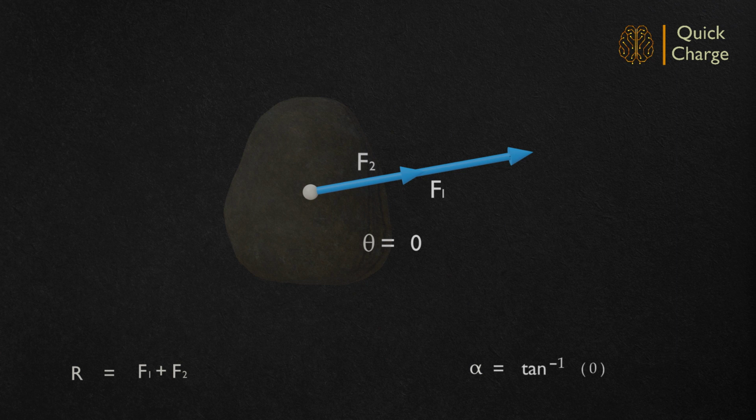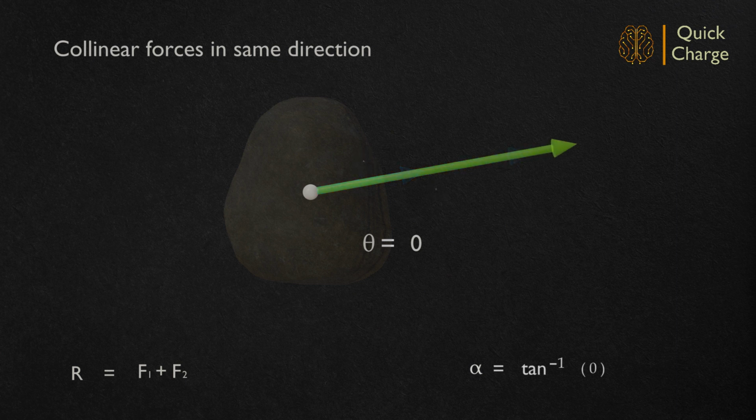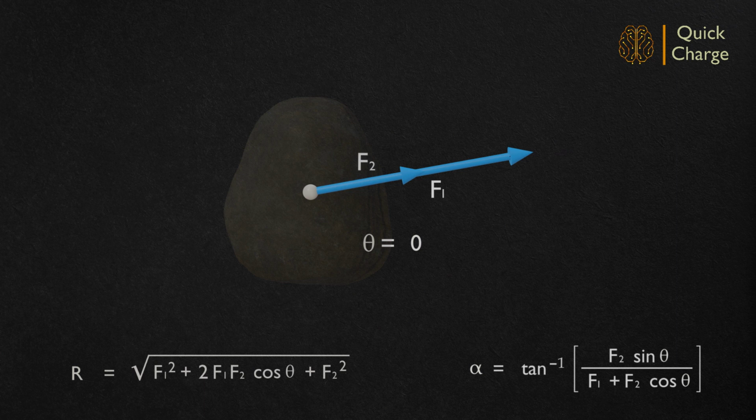So, the resultant will be acting at an angle 0 to force F1. It can be seen that when theta is 0, the forces become collinear forces in the same direction. The magnitude of the resultant force will be the summation of both forces and the resultant will be acting in line with force F1.